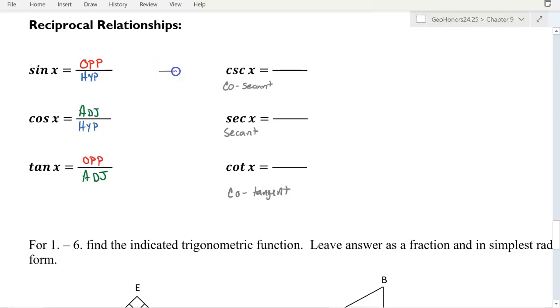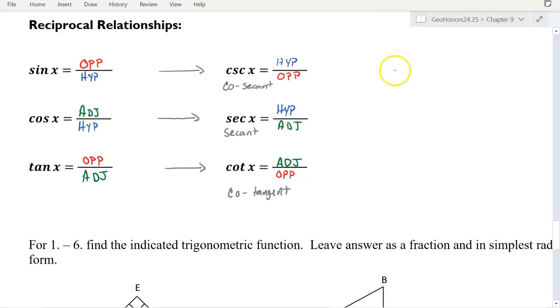Sine maps to, or is the reciprocal of, the cosecant. So instead of sine of x being the opposite over the hypotenuse, the cosecant of x is the hypotenuse over the opposite. I take the reciprocal. And I can do the same for cosine mapping to the secant, and tangent mapping to the cotangent. So these are the relationships that exist here.